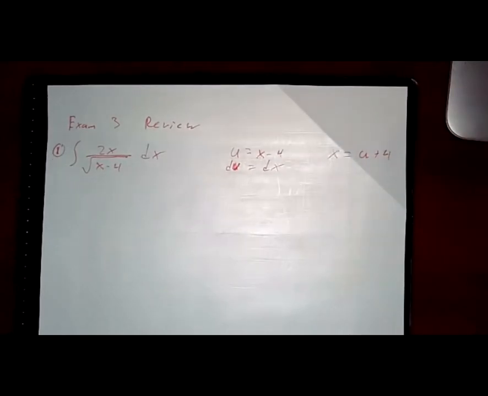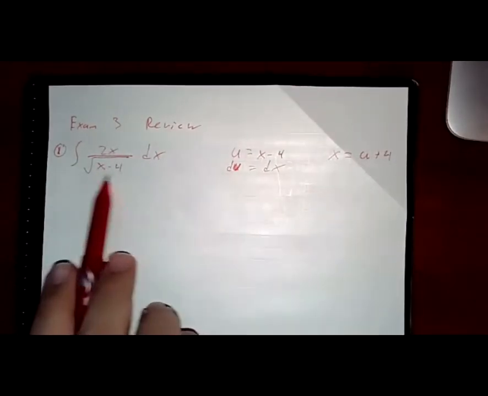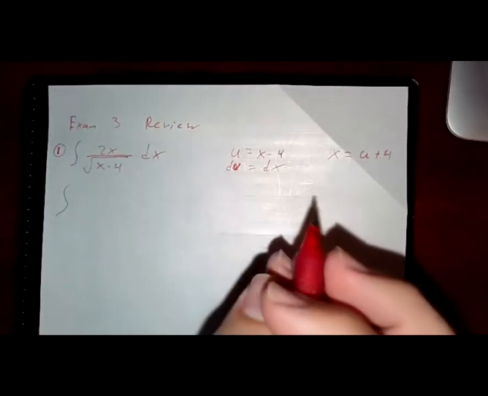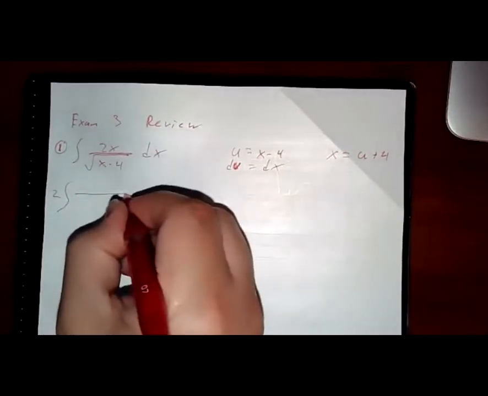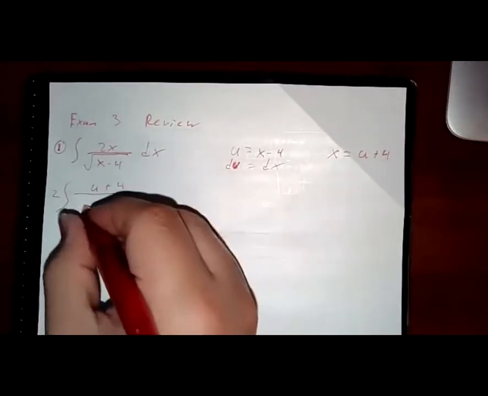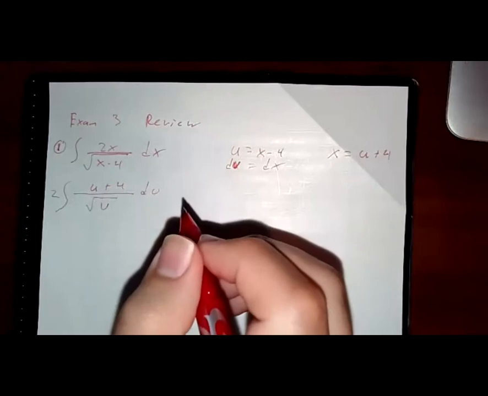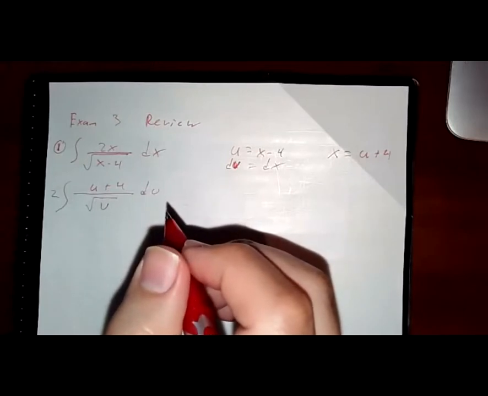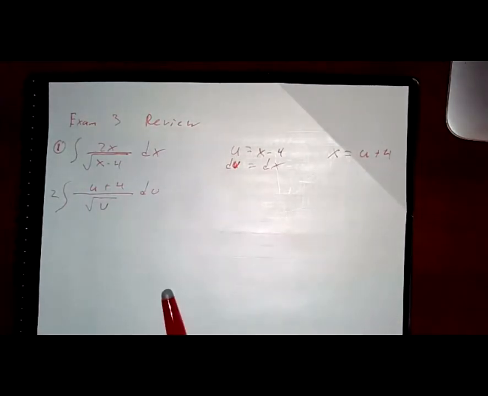So you can replace this x and this x minus 4 at the same time. I'm going to pull the 2 out in front, since it doesn't really do anything. The x becomes u plus 4 over the square root of u du. Does that make sense?